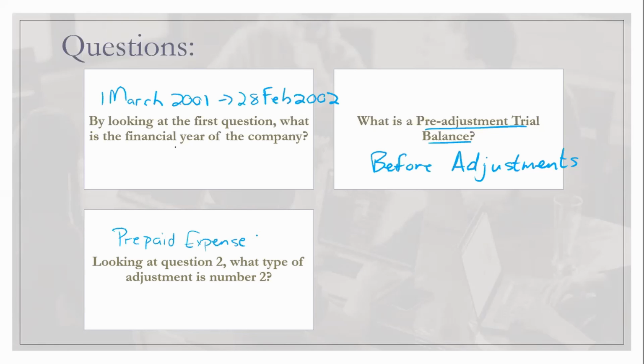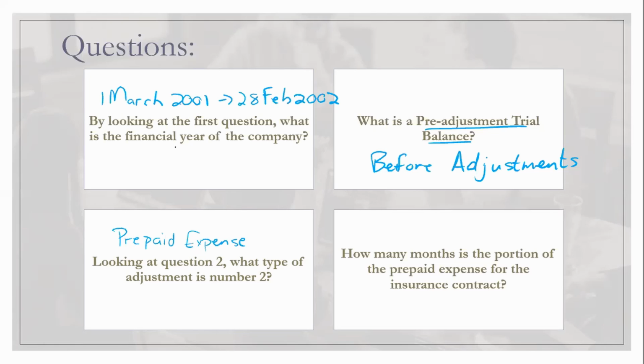And last question, how many months is the portion of the prepaid expense for the insurance contract? We just worked this out. 6 months. So the prepaid portion is only the 6 months that we paid in advance.